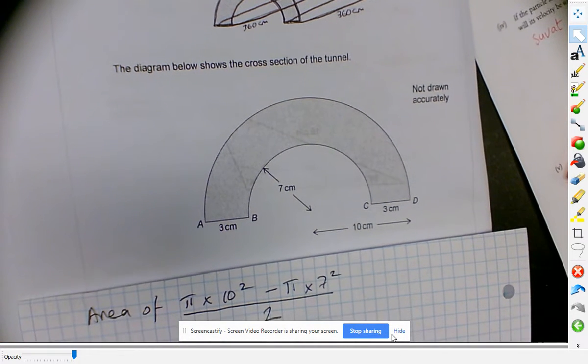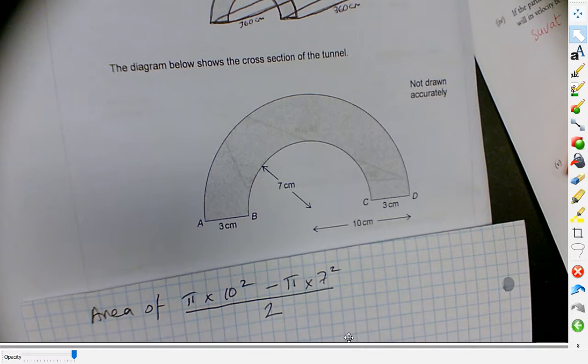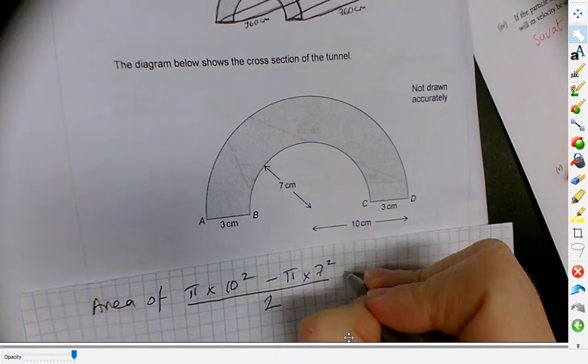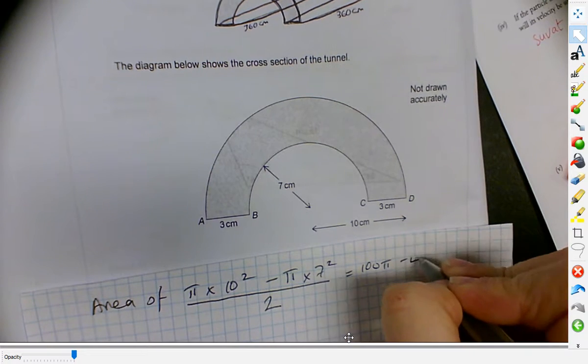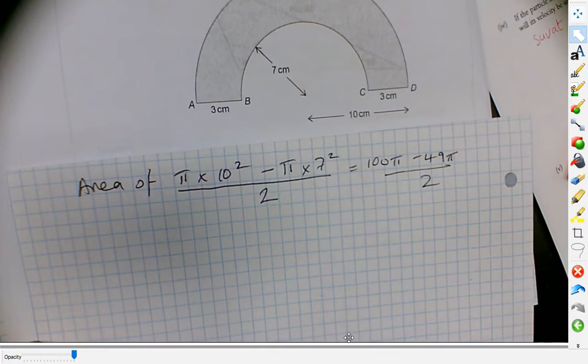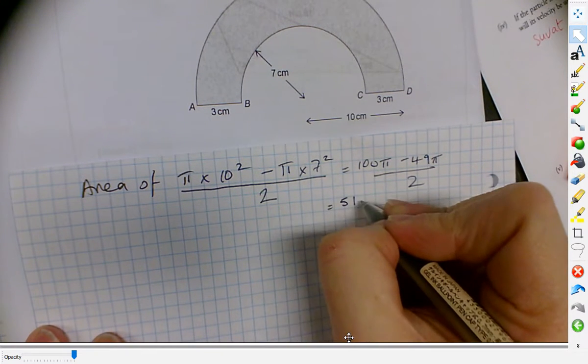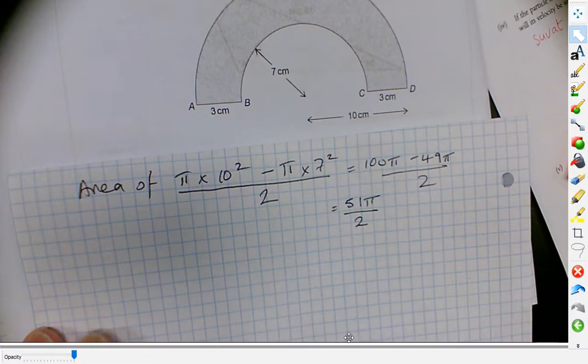Okay? That's the front face, isn't it? So that's 100 pi minus 49 pi over 2. So that's 51 pi divided by 2.